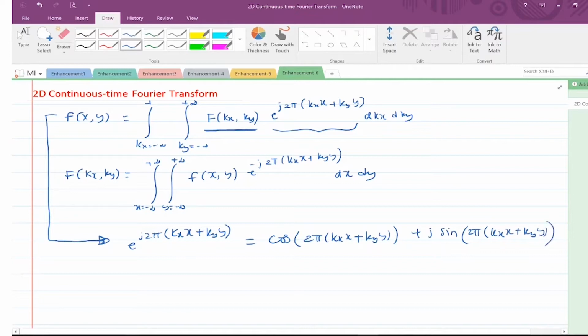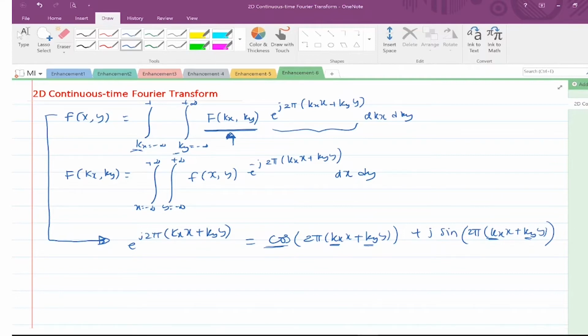You are varying the variables kx, ky as you integrate over kx and ky, and you could think of representing f of x,y as a combination of sines and cosines with varying weights for each of them. The weights are given by F, the Fourier transform, and the frequencies of the cosines kx and ky vary from minus infinity to plus infinity. That's the basic idea here.